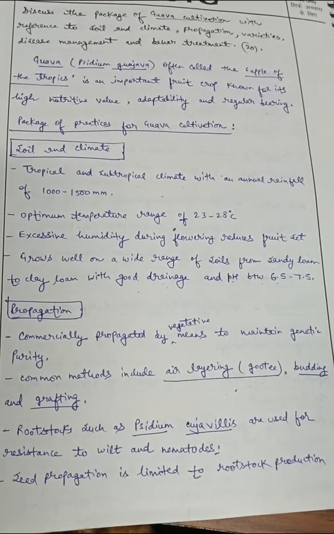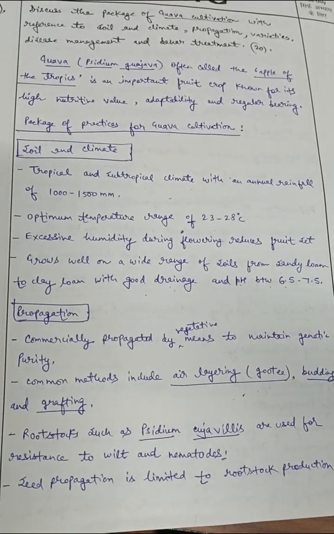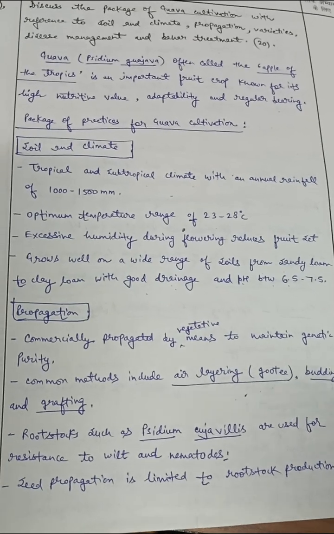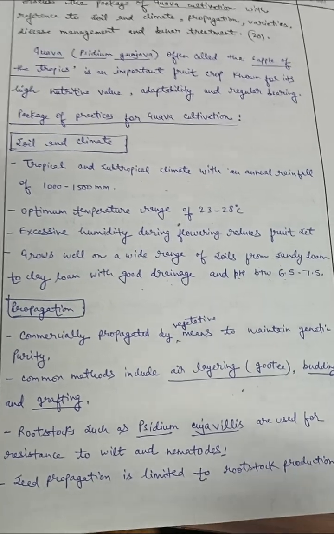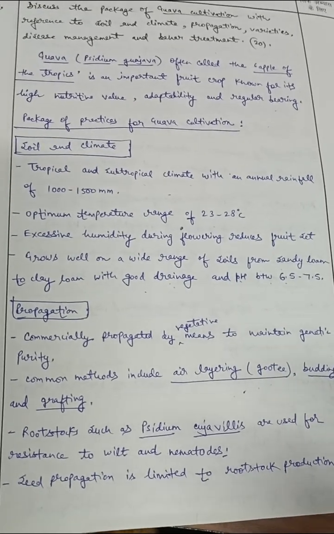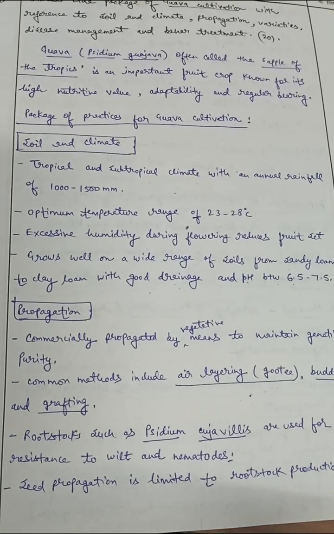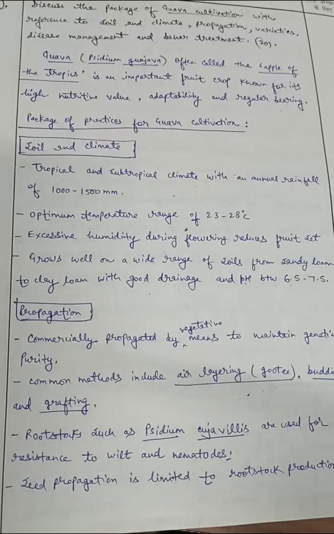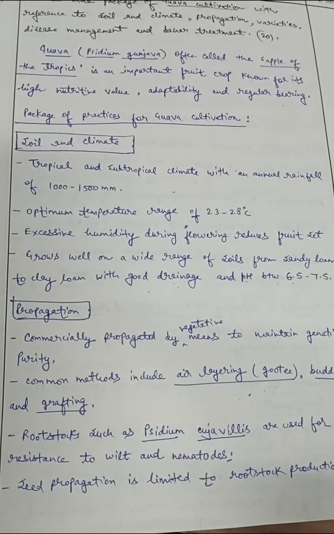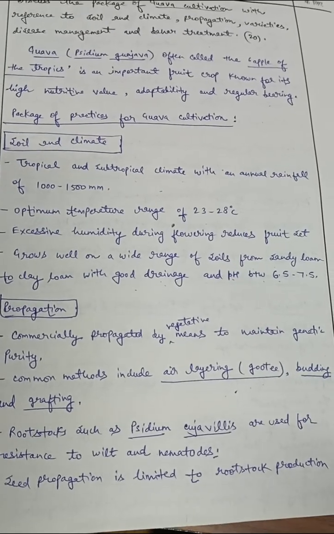And budding and grafting, what we do, suppose we have a plant and we want to incorporate superior quality traits into that plant. So we will select a healthy rootstock of our plant and the variety that we want to incorporate. For example, you want to incorporate the qualities of Allahabad Safeda because it is a very high quality guava.